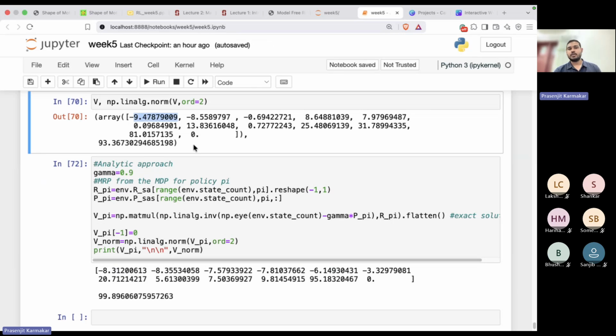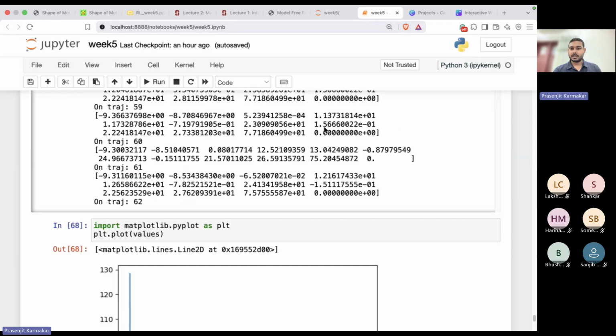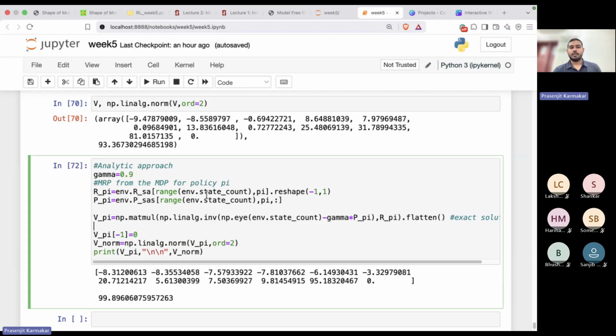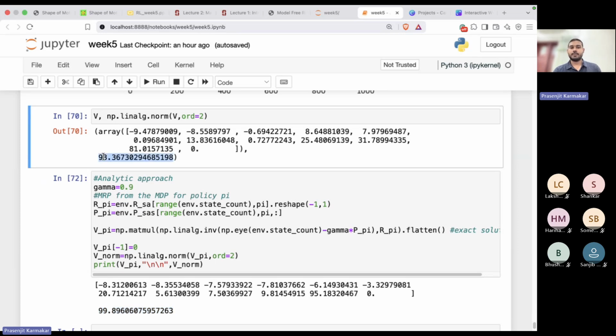We can directly compare both of them; they're very similar. There may be some positional disagreements. Some states might be visited fewer times, so their values get updated less. With more data, it will be closer. But you can see that if I know everything about the environment, my norm comes to 99, whereas if I don't know anything about the environment, I can interact infinitely in the environment and I came to 93, which is a pretty close estimate of the actual value.